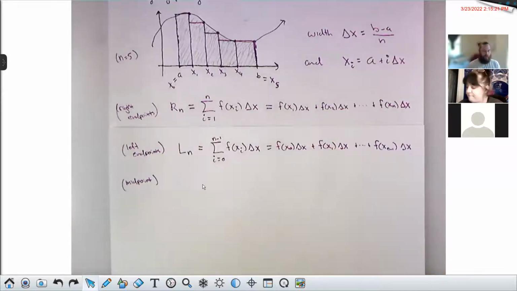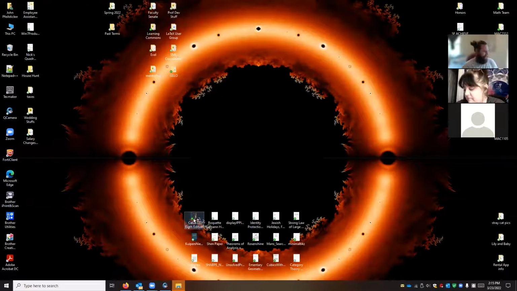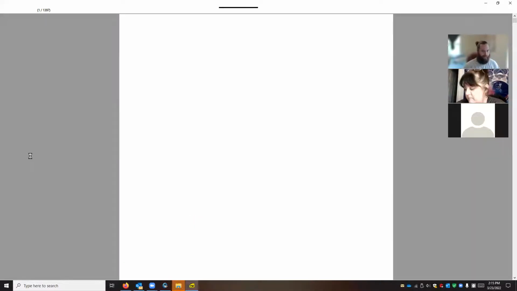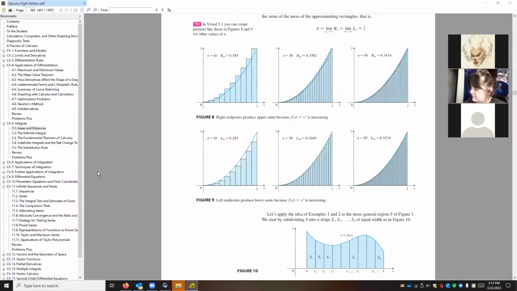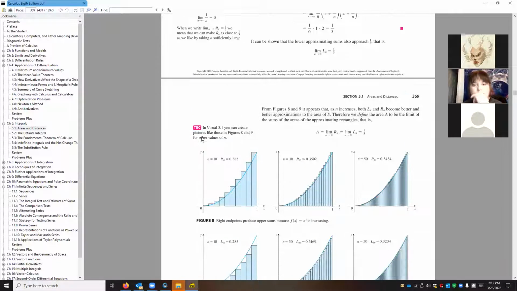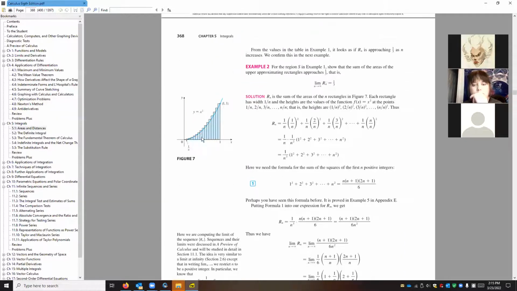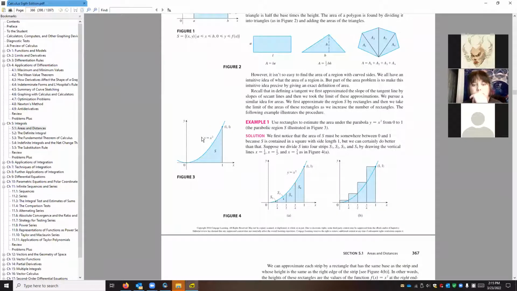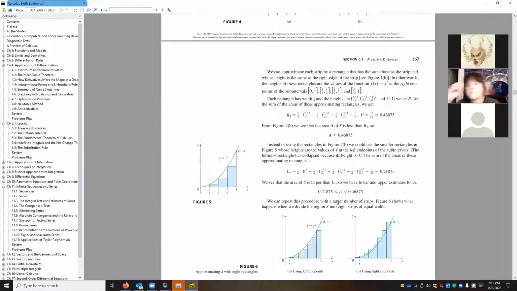If you want to construct, I'll show you some pictures here. So this is a right endpoint Riemann sum, right? A right endpoint rectangle approximation.